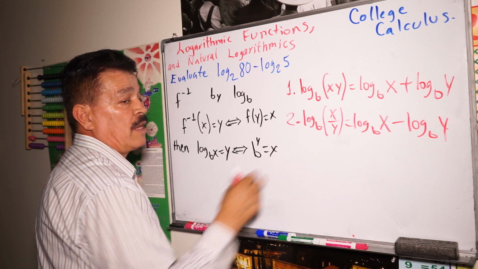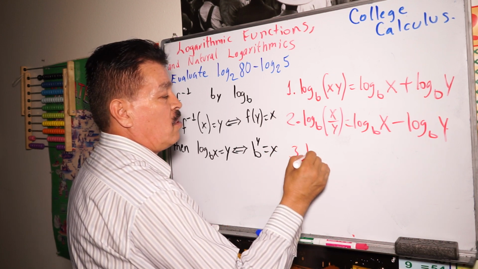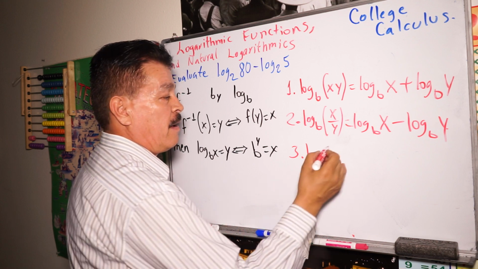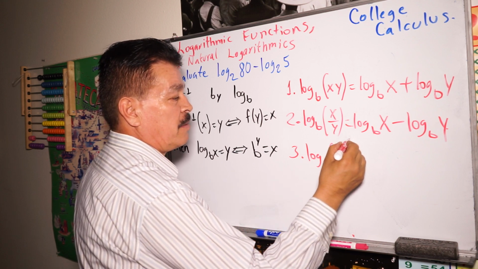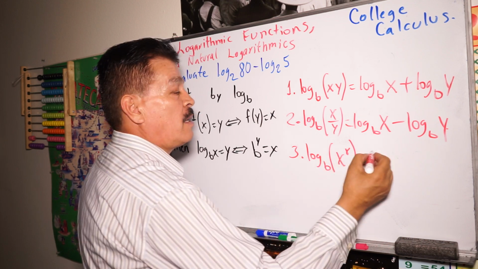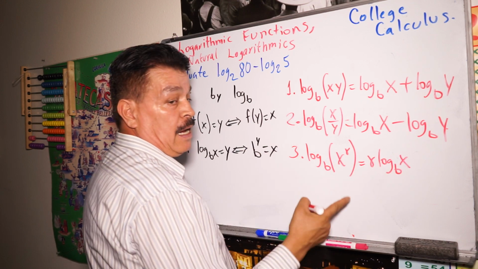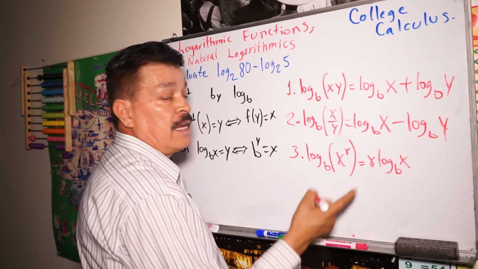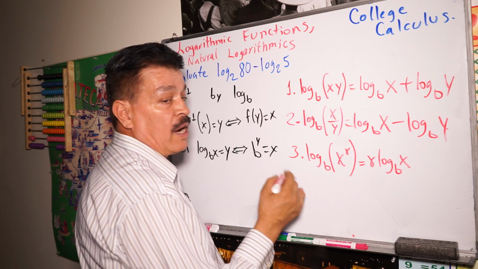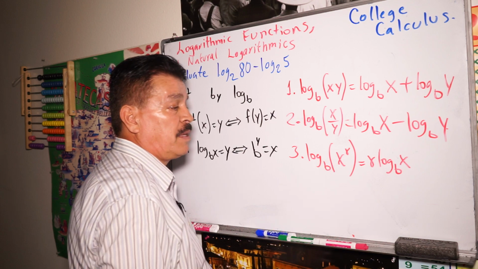The law number 3: log b of a number x to the r power equals r log b x, where r is any real number.